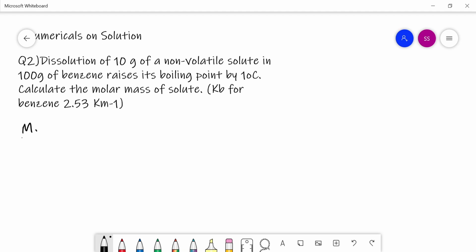Mass of non-volatile solute, that is Wb, is equal to 10 gram. Mass of solvent Wa is equal to 100 gram.